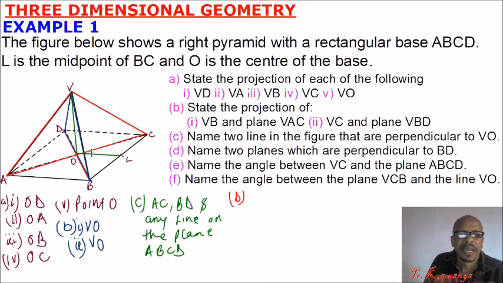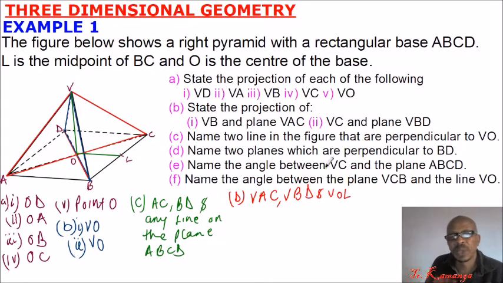So we have the planes which are perpendicular to BD: VAC, VBD and VOL.